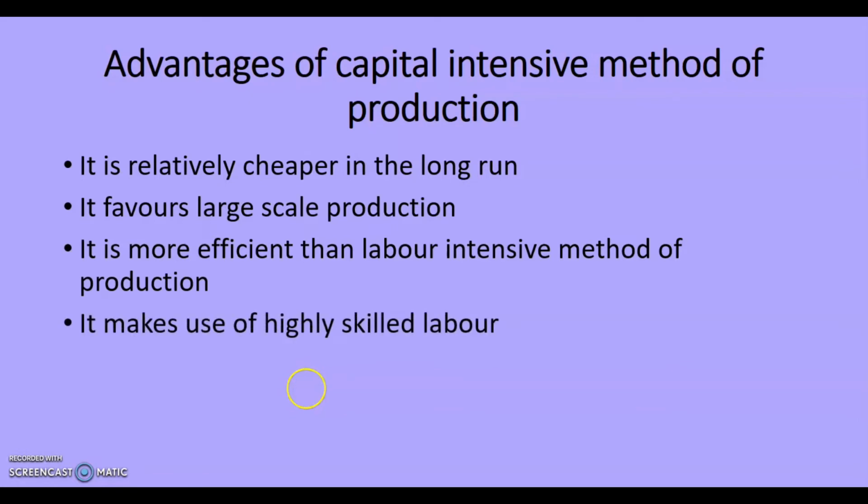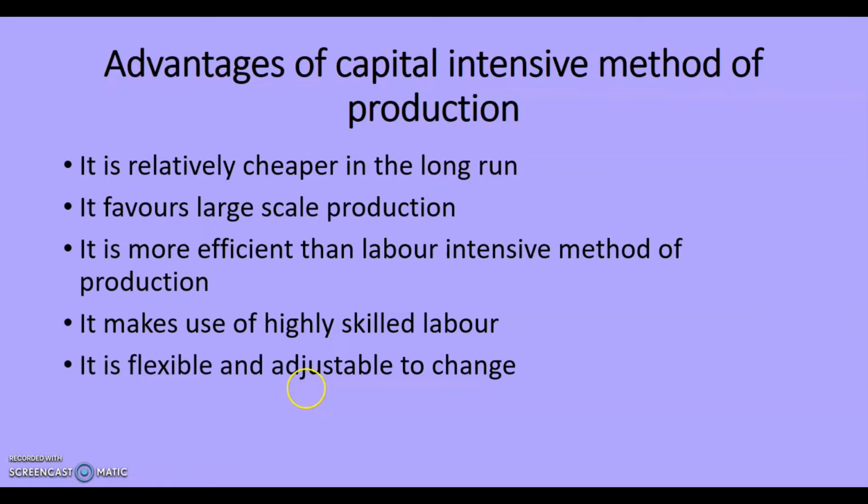Then it makes use of highly skilled labor. If you are using capital, for example machines, you need someone who is very skillful, someone who is highly educated. You cannot use unskilled labor to operate a heavy machine. Then it is flexible and adjustable to change.